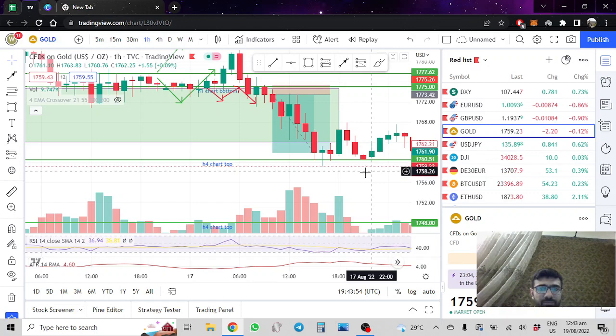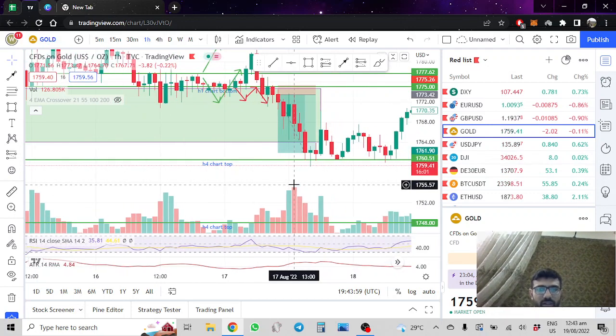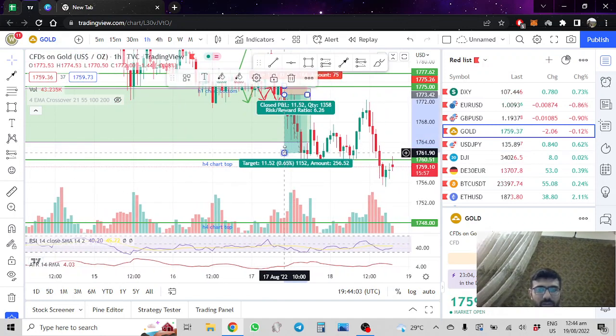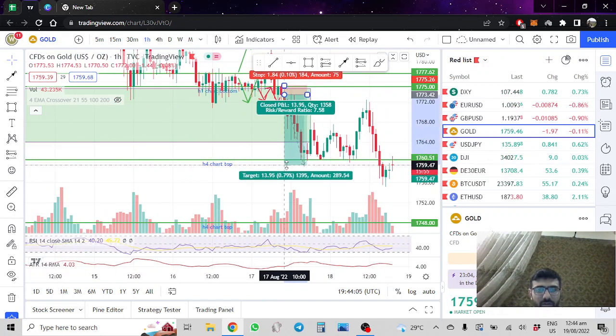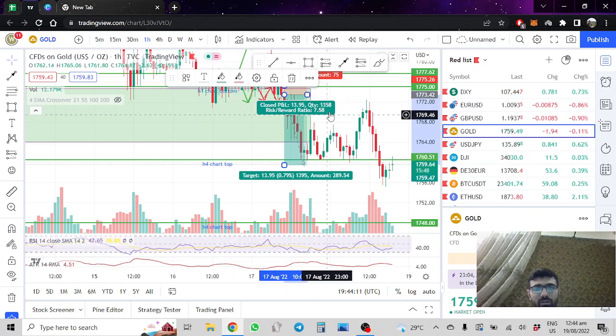The market went all the way down till here. What you are seeing is a risk to reward of 1 by 7.8, which is huge.